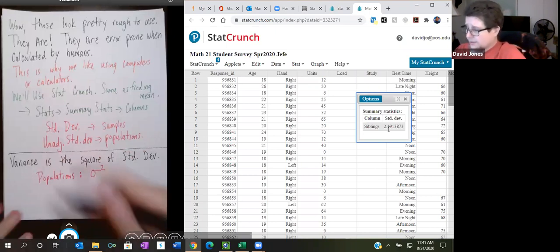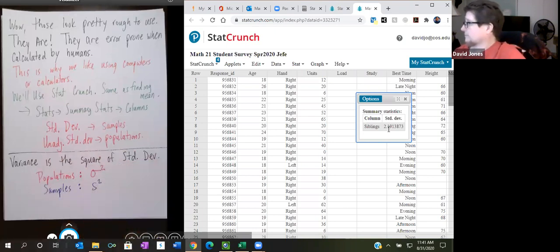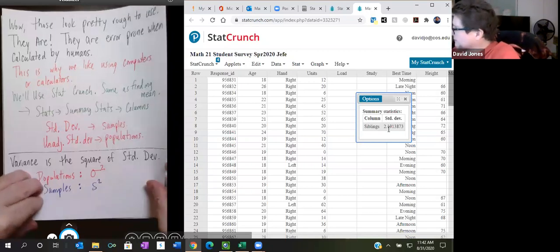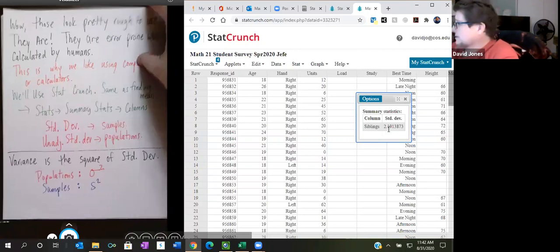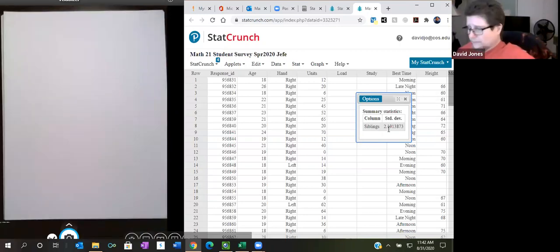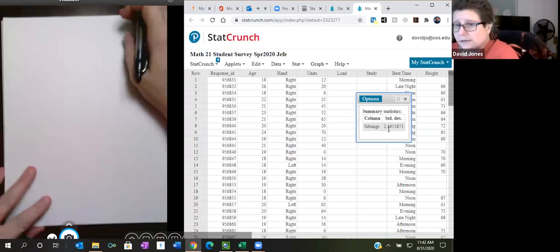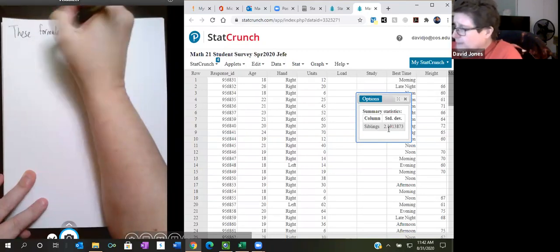And for samples, we have s squared. A common one that you'll see this on. This is ideal. These formulas work a lot better for bell-shaped distributions.